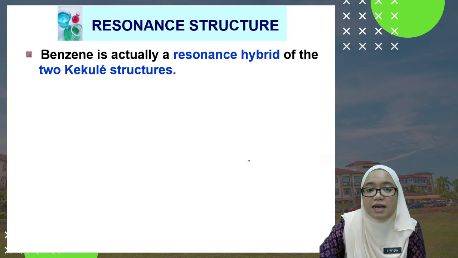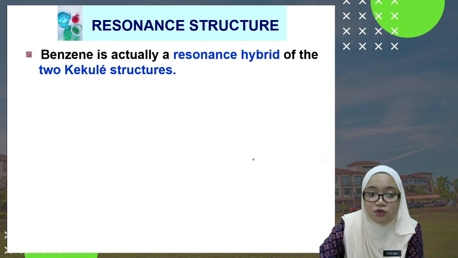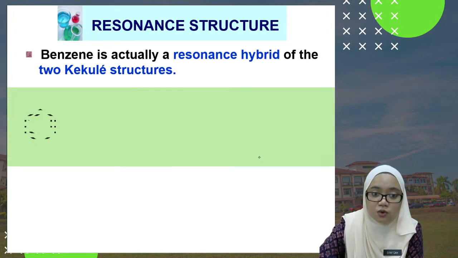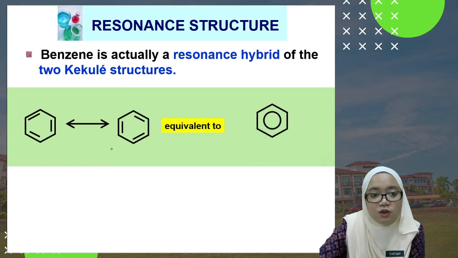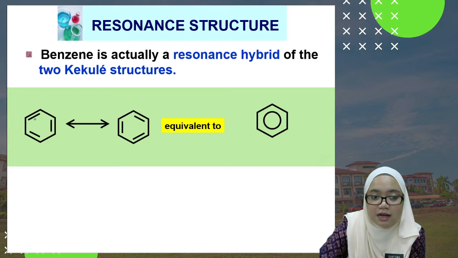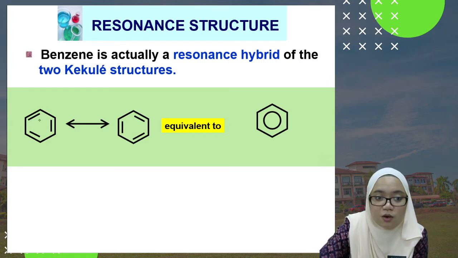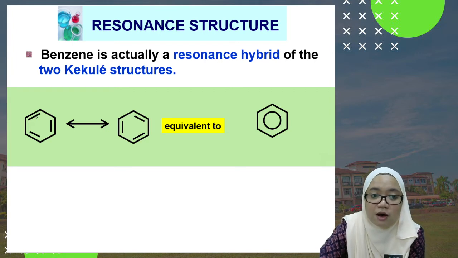So benzene is actually a resonance hybrid of two Kekule structures. If we look here, the double bond is a pi electron. This pi electron will have a resonance structure where it moves here, and then this moves here, this moves here. So this is the resonance structure.